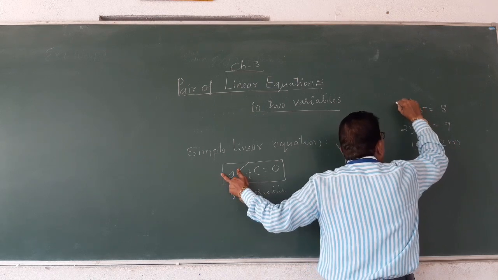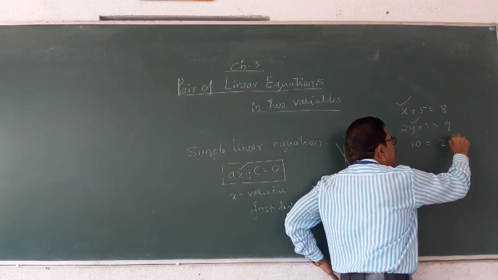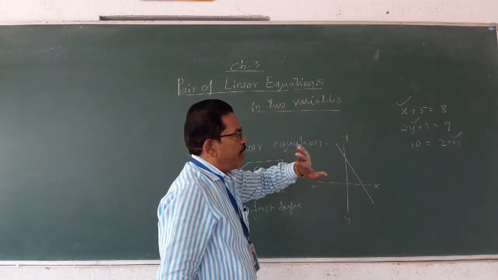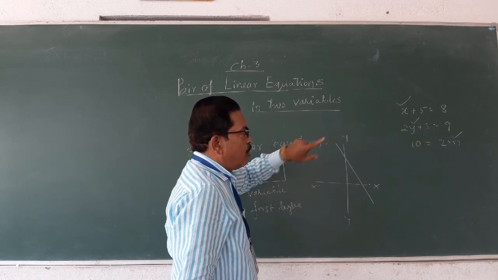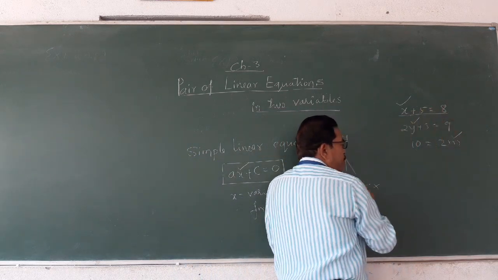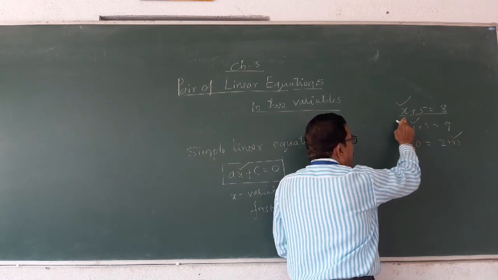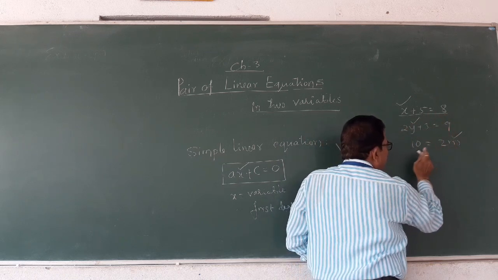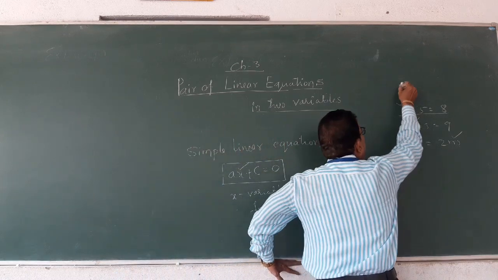In all the cases, here the variable is x, here y, here m. The variable is always in the first degree in a simple linear equation, and we can calculate the variable by transferring the terms.